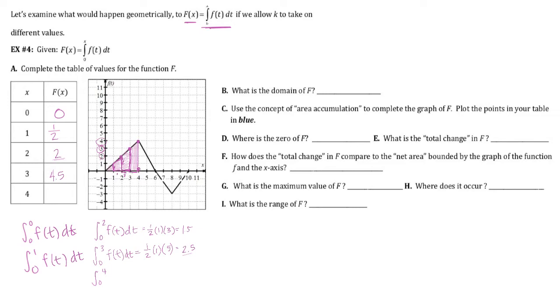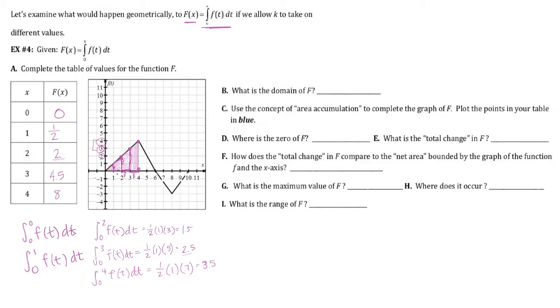To get our height, look at the distance between the 2 points on the x, which is 1. So for f at t dt, I have 1/2 times the height times the sum of the bases, which is really your y. That's going to give me 7. So 1/2 times 7 is 3.5, but it's still plus what I already had, which is 4.5, because I'm integrating from 0 to 4. And so that's going to give me 8.